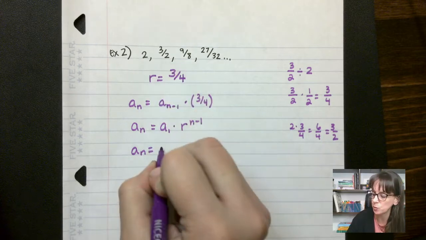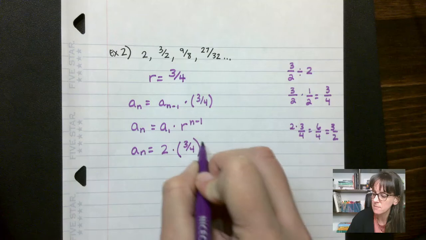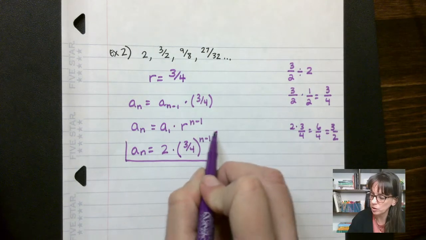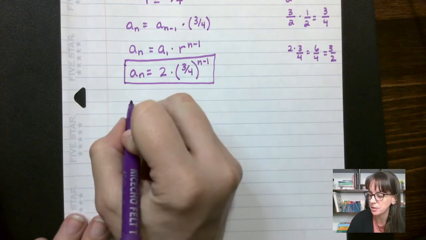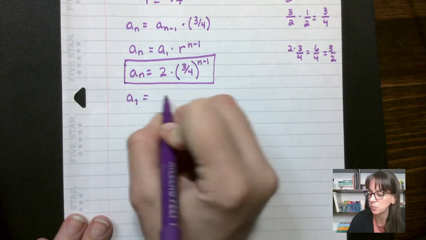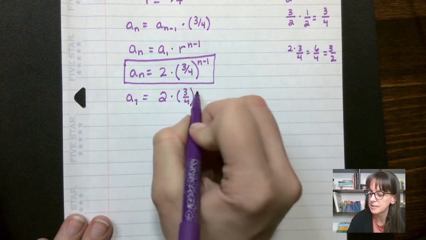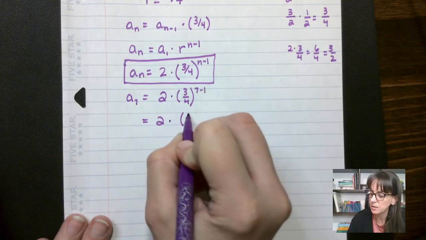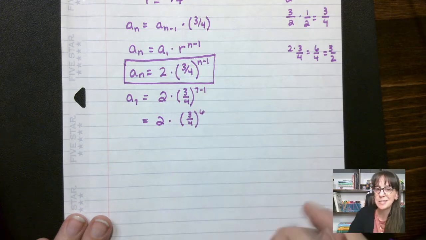It is 2 times our common ratio, which is 3 over 4, to the n minus 1. All right, so that's our rule. Now let's use that rule to figure out what happens in our 7th position. a_7 equals 2 times 3 over 4 to the 7 minus 1, so that's going to be 2 times 3 over 4 to the 6th power.